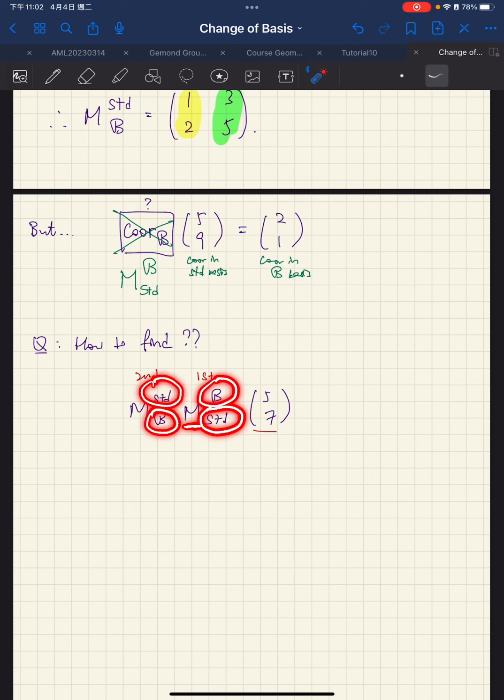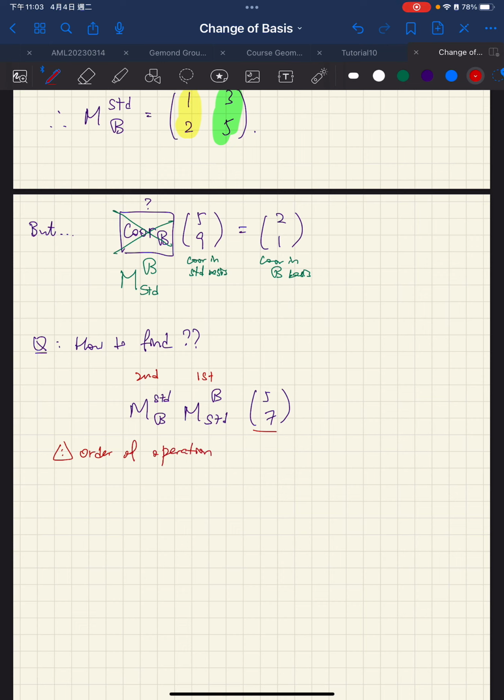You shouldn't confuse the order, because the order is already fixed like this. You know that this is the first and this is the second. Okay, so remember very carefully. It's very important. Order of operation. Pronunciation.